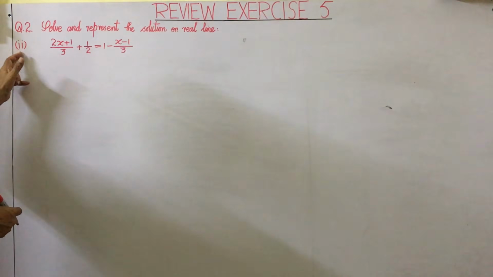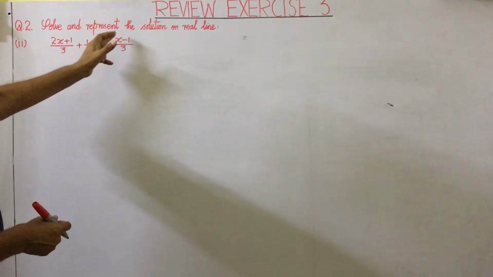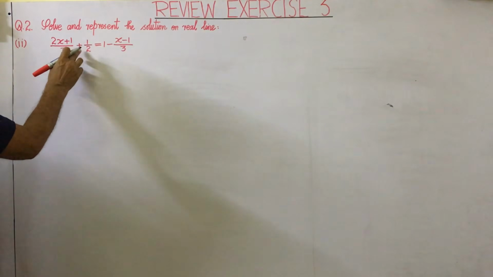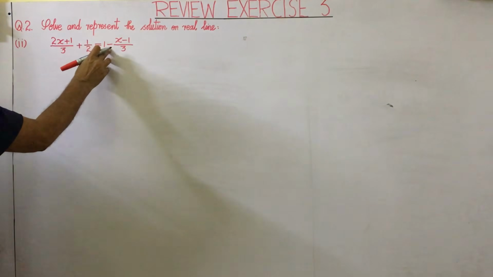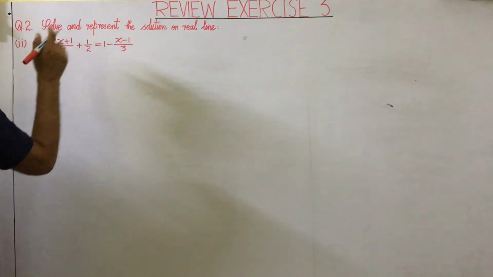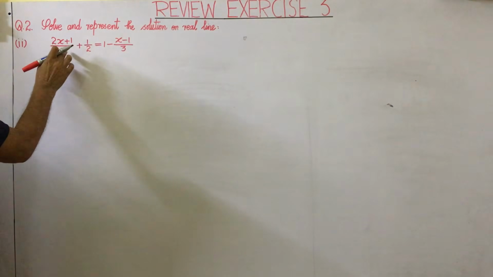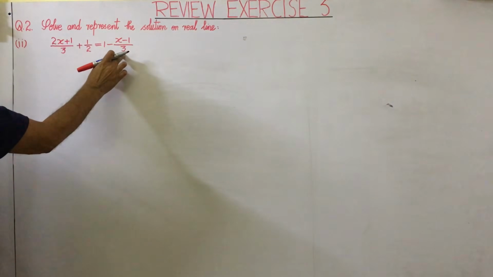Question 2, second part, solve and represent the solution on real line. (2x plus 1) over 3 plus 1 by 2 equals 1 minus (x minus 1) divided by 3. You see, the denominators are 3, 2 and 3.